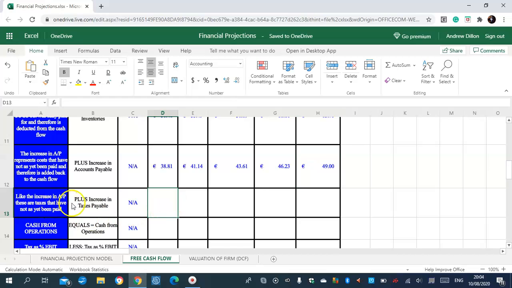Like the increase in accounts payable, these are taxes that have not as yet been paid. This is called plus increase in taxes payable.